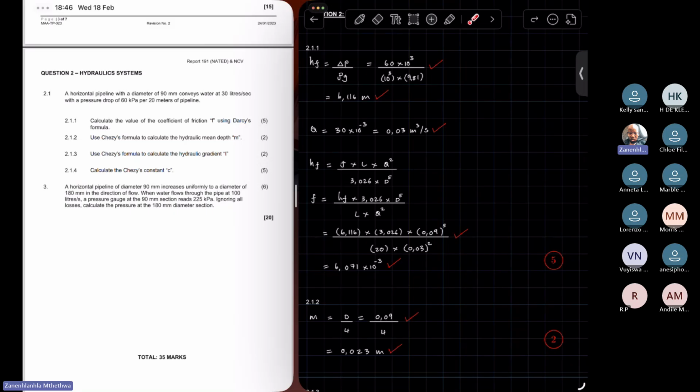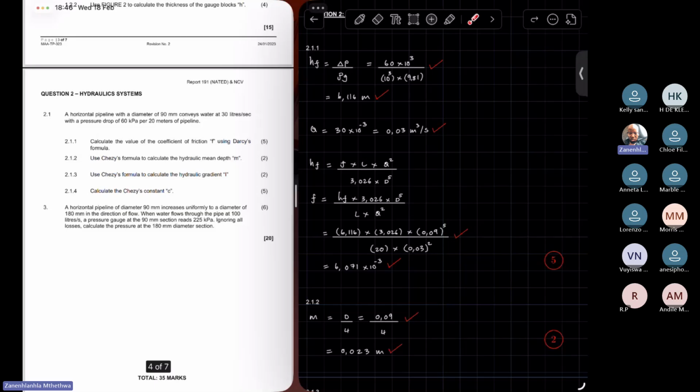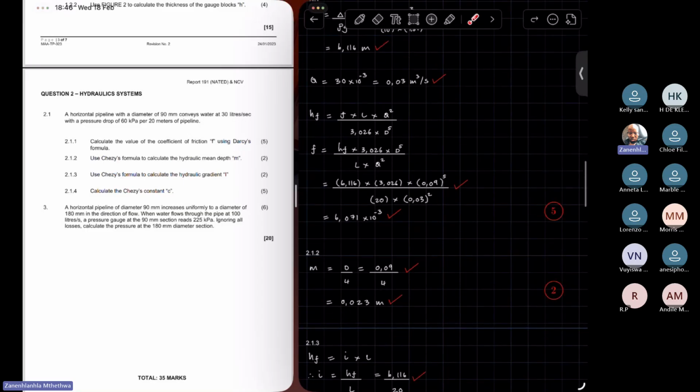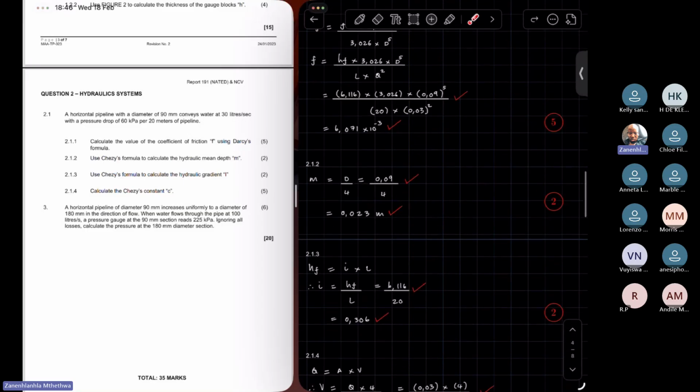Then 2.1.2 on the question paper reads as follows: use Chezy's formula to calculate the hydraulic mean depth, indicated here as M. The hydraulic mean depth is simply the diameter of the pipe divided by 4.